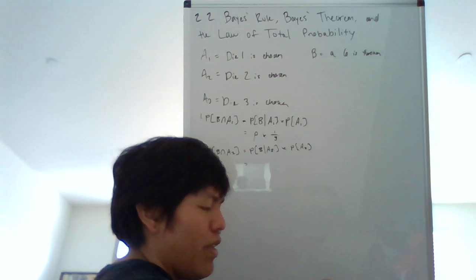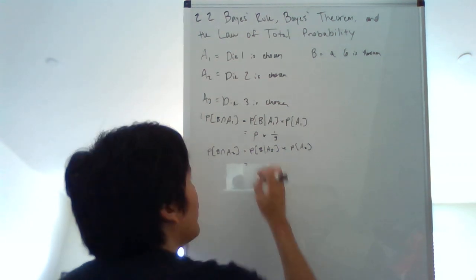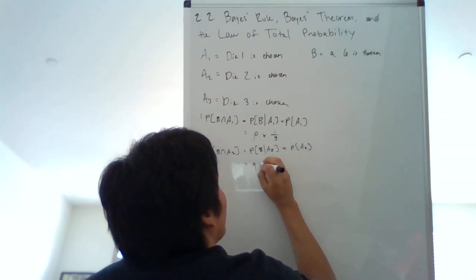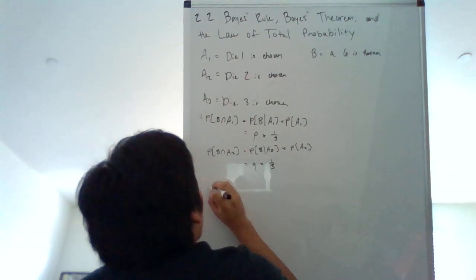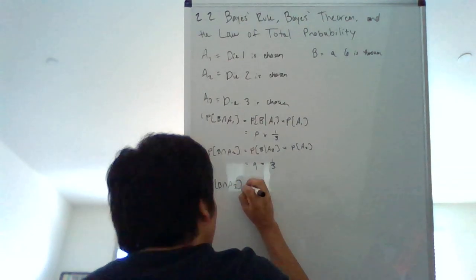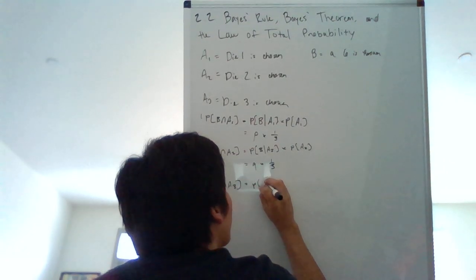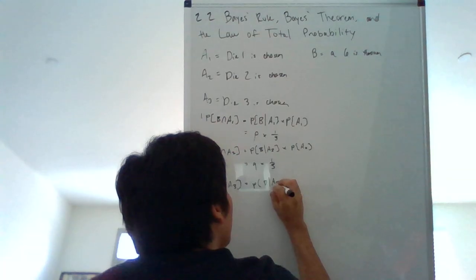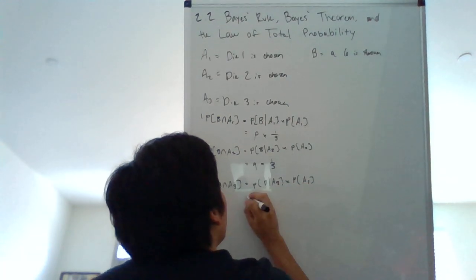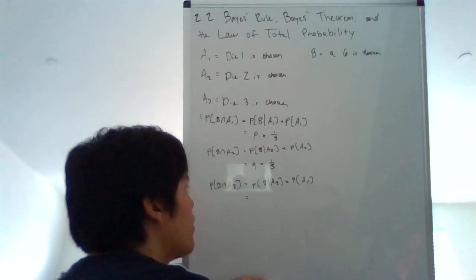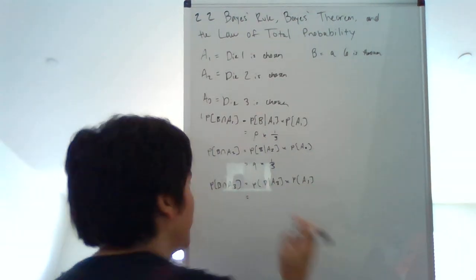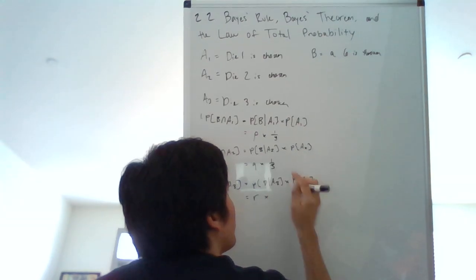In the question, that was Q. And what's the probability of choosing die 2? That's 1/3. And finally, the probability of B intersect A sub 3 is equal to the probability of B given A sub 3 times the probability of A sub 3. What's the probability that we throw a 6 given die 3 is chosen? It's R, times 1/3.